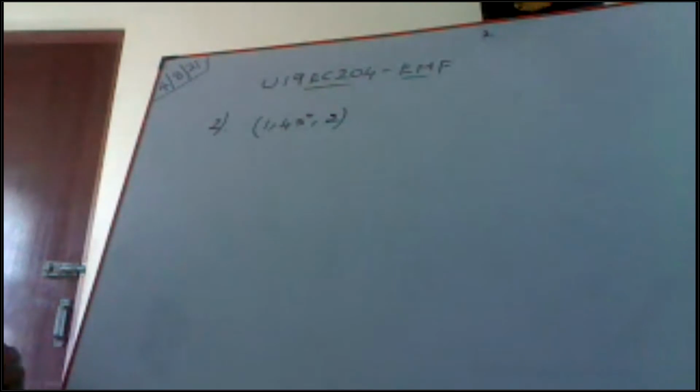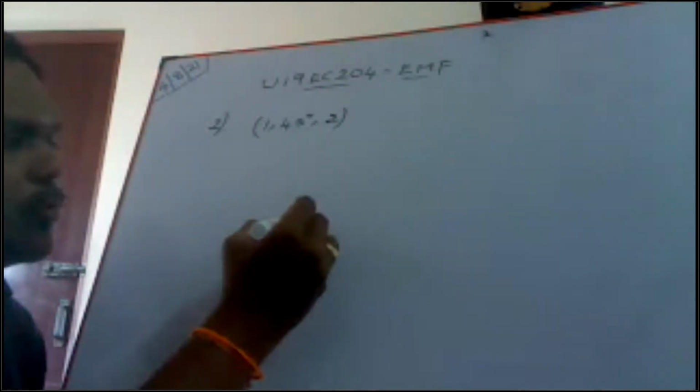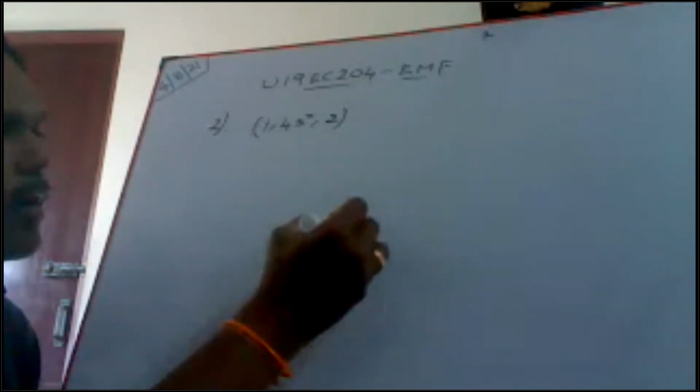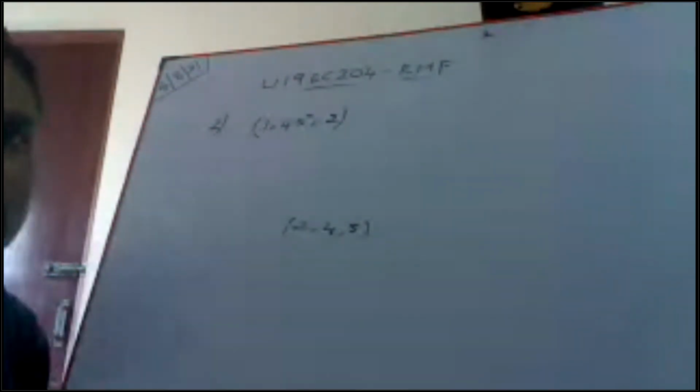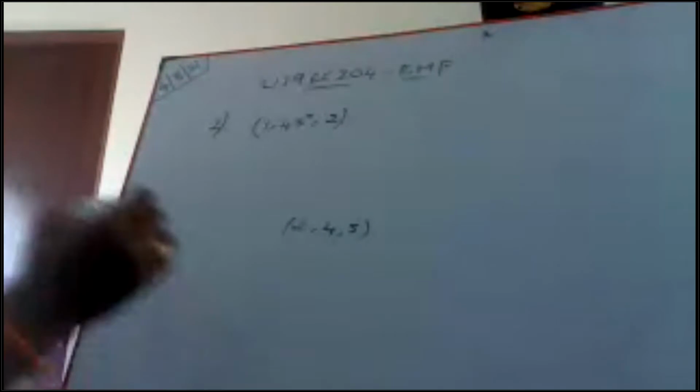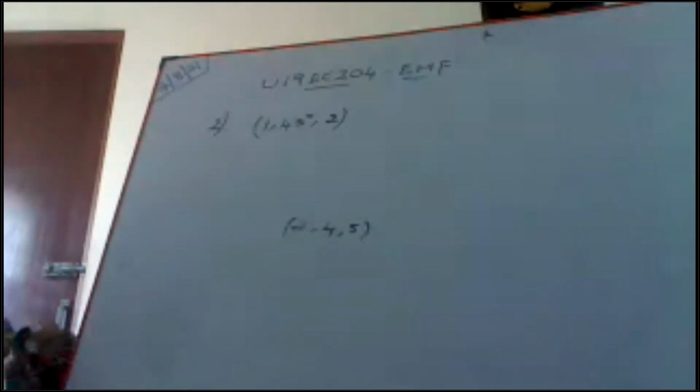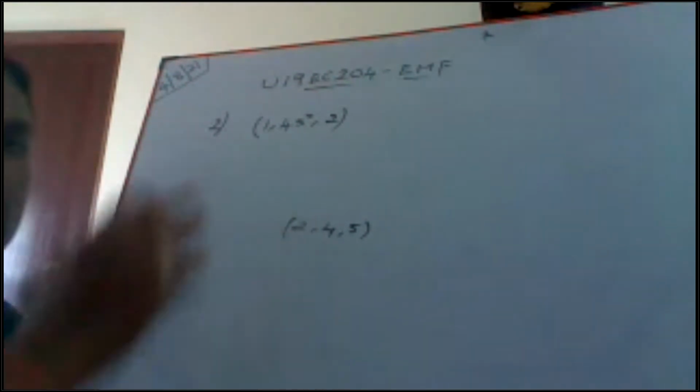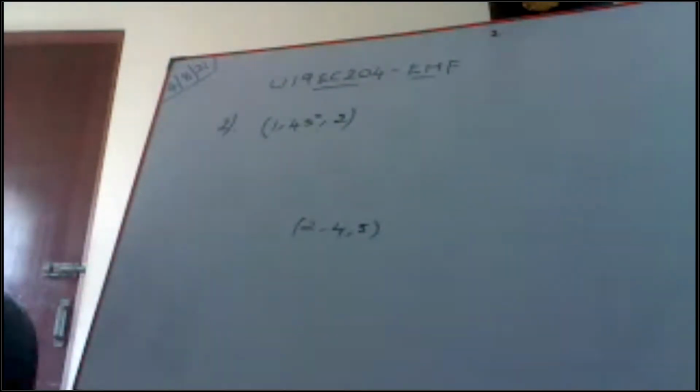Even if the name is not given, you can understand. If all the values given in the problem are numbers, for example 2 comma 4 comma 5, then what type of coordinate system is it? Cartesian, sir.